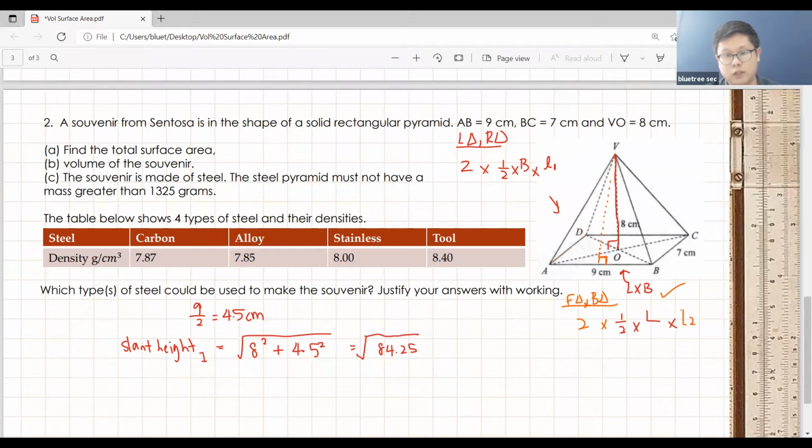Yeah. The next thing I'm going to do is to look for the second slant height that we don't have. So the triangle being formed this time involves the same 8 cm. Notice that for all slant heights, you will use the common 8 cm, right? And it will also involve this line here that is connected from the midpoint O to the front, in the middle between A and B, right? This point here.